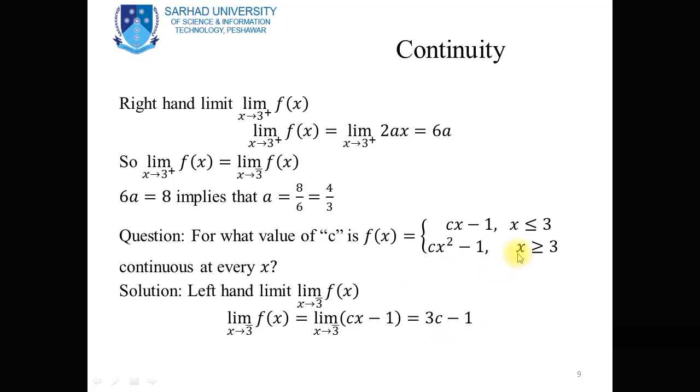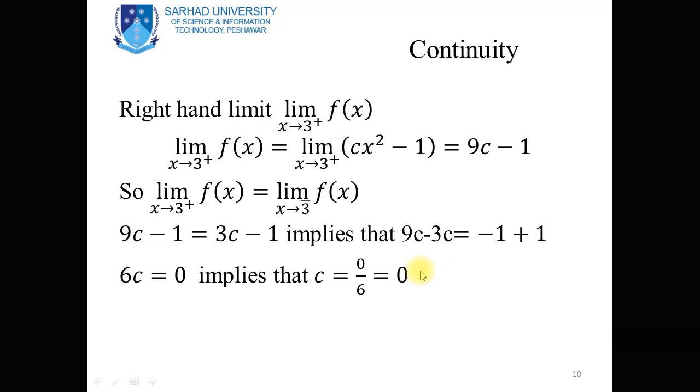And for the right hand limit, x greater than 3, we use this piece cx square. So limit x tends to 3 of cx square minus 1. The value of x is 3, so 3 square is 9, giving 9c minus 1. Now it is given that the function is continuous, so the left hand limit will be equal to the right hand limit.